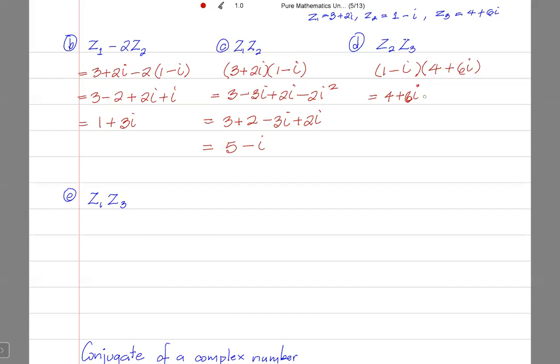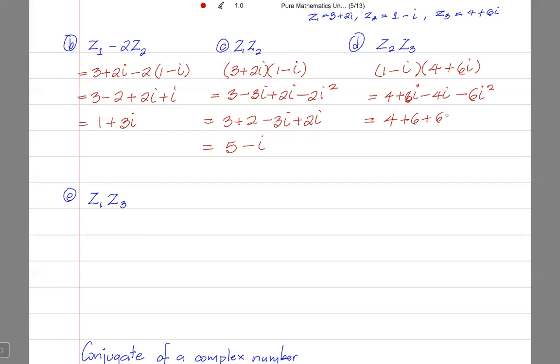So minus i times 4 is minus 4i. A negative times a positive is a negative. Minus i times 6i is minus 6i squared. So this is going to be 4 plus 6, plus 6, because i squared is -1, and minus 6 times -1 is +6.